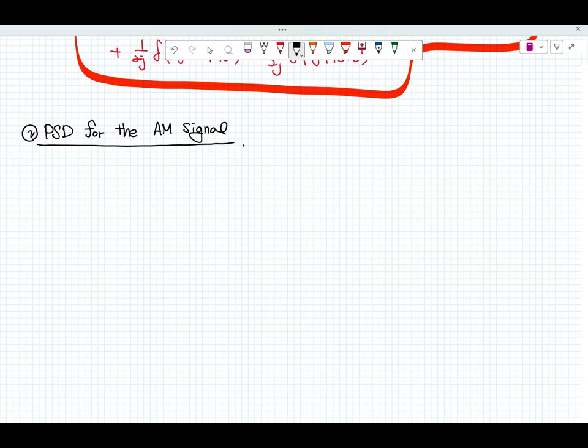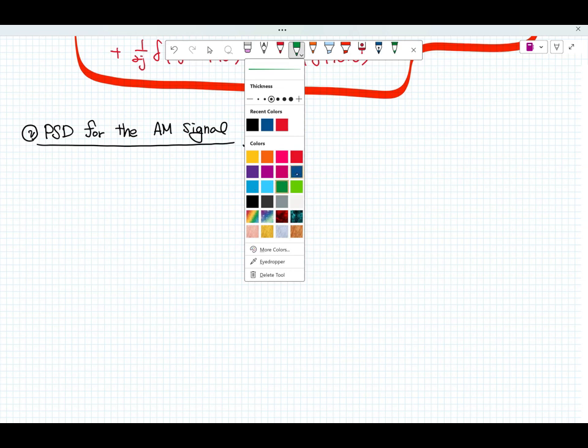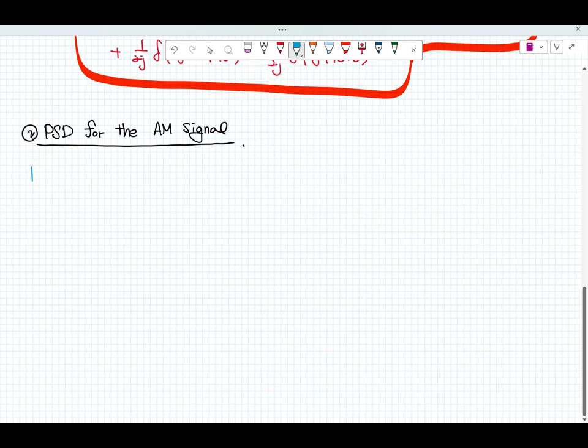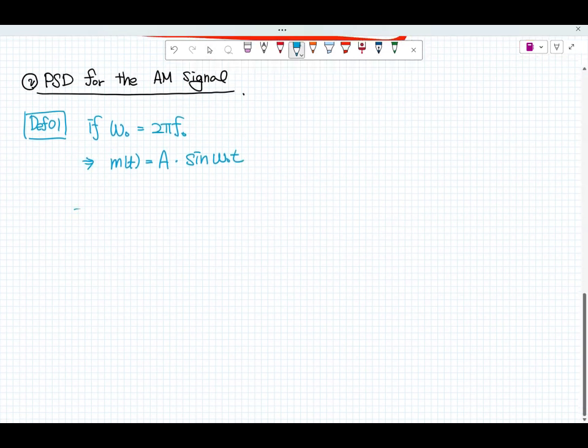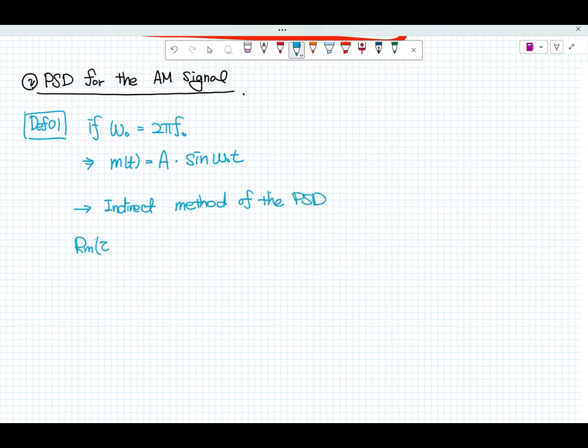In the previous slides, we learned that the power spectral density can be obtained by the indirect method, the Fourier transform of the autocorrelation. I want to quickly remind you of the definitions. If omega 0 is the angular frequency, 2 pi f sub 0, and m of t is A times sine omega 0 t, as we assume here, the indirect method of the PSD uses r sub m of tau, which is the average of m of t times m of t plus tau.